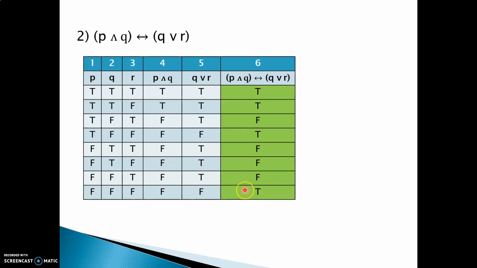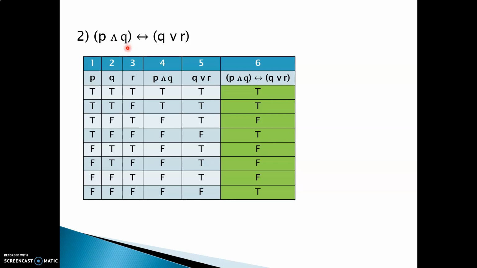Next example is P and Q if and only if Q or R. Here it is P, Q, R. Three statements are given. This is the first time we are discussing this type of question. So 3, so 2 raised to 3, 8 rows are there. And 1, 2, 3 connectives used.